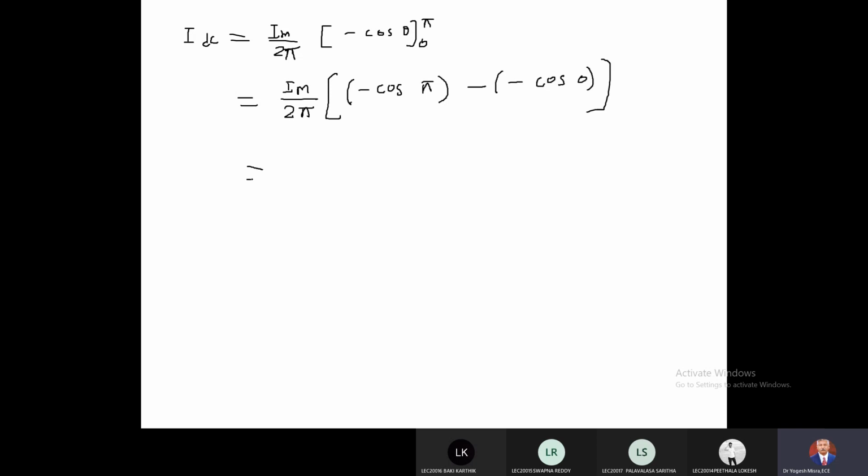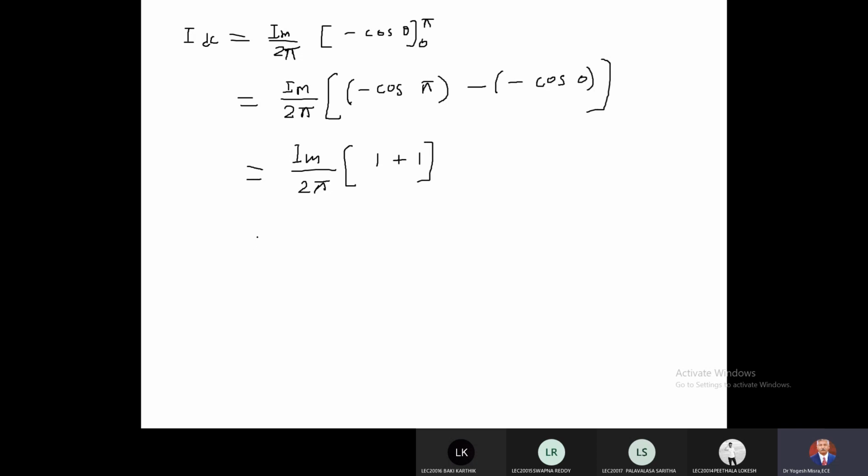Minus cos π will be 1, and here minus and minus sign will make it plus, and cos 0 is 1, right?